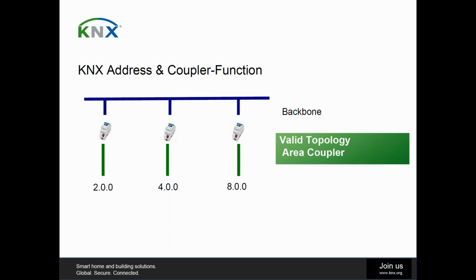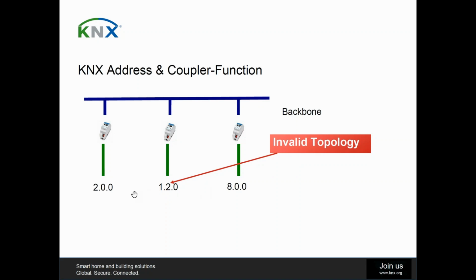So that means all its sublines have to start with a 2.0, for example, here, and it can only couple telegrams from that line up to the upper line. So only the first number here is important for its coupling function. Whereas if you're using a line coupler, then it's important that this device has a 0 at the end, but not in the middle.